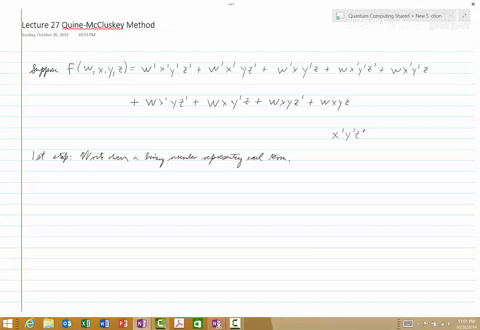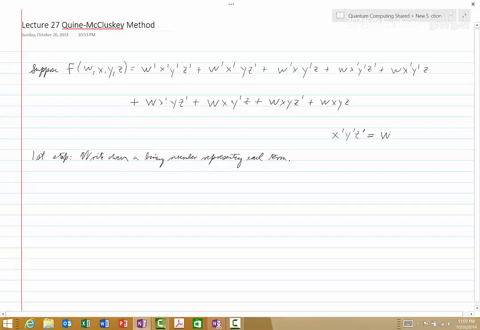Then in that case, we would not have been ready to start yet, because we need to get the function expressed as a sum of min-terms, and this x prime y prime z prime is not a min-term because it does not contain all of the independent variables of the problem. However, we could convert it to a min-term by ANDing it with 1 written in a particular way.